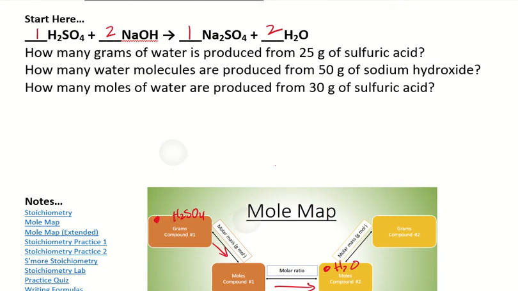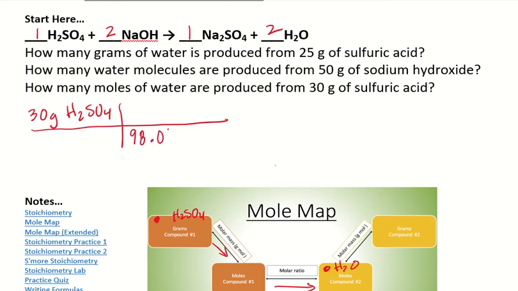So what are we starting with? 30 grams of H2SO4. You still have the molar mass from the first problem, 98.08 grams for every 1 mole of H2SO4.